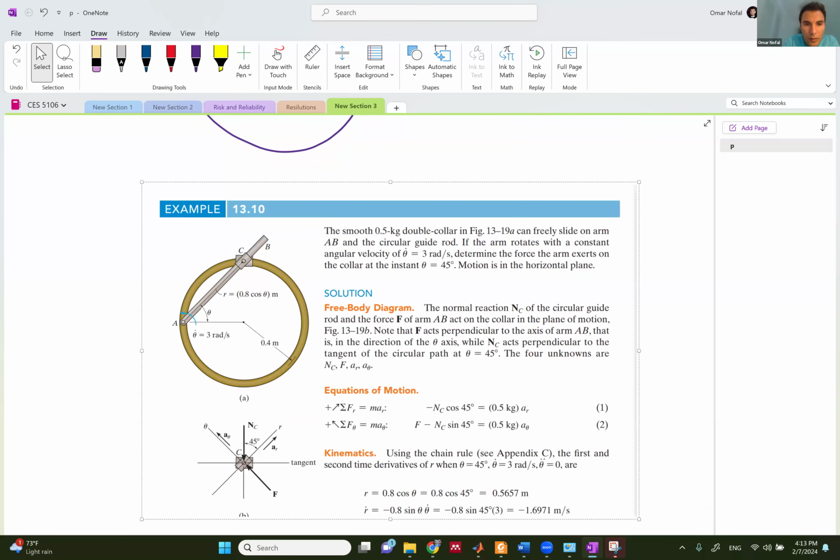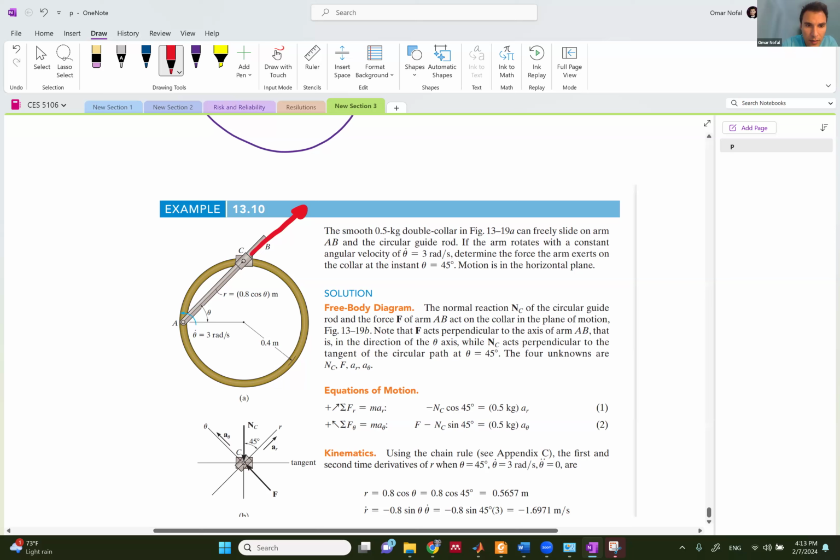Okay. So here's, for example, as I said, if this is the bar, this is the R direction, and I can see that theta is moving this way. So this is R and this is theta.